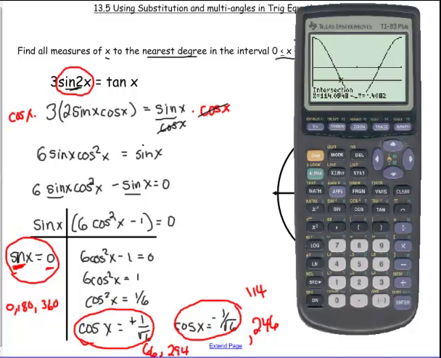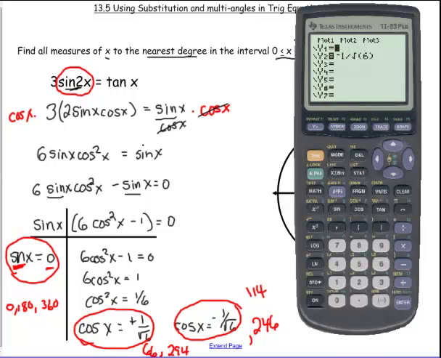Which is kind of cool, because if I put the original problem in, if I set the original problem equal to 0, if I go in here and I type in this, where it was set equal to 0, so 6 sine x cosine x squared minus sine x, and I graph it, I may have to adjust my window, so it may take me a second here.